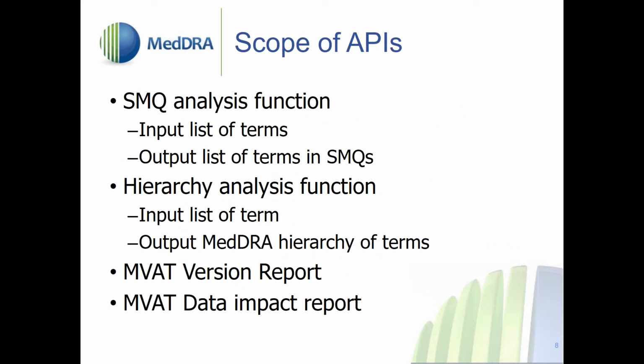We've also included the functions of the MedDRA version analysis tool. So that's the version report, which is a set of sub-reports that show what changes have occurred between two releases.